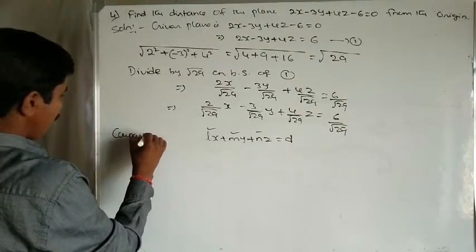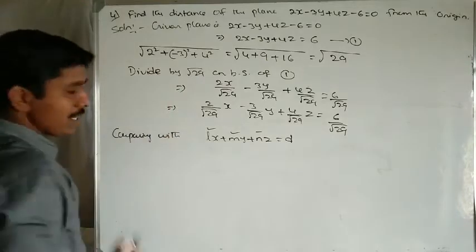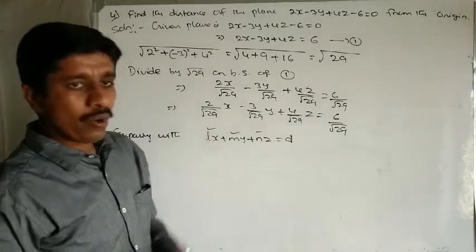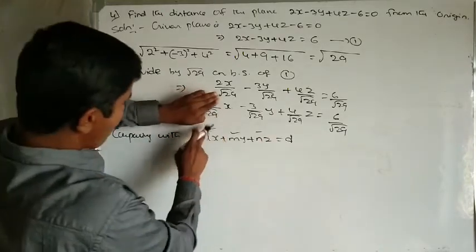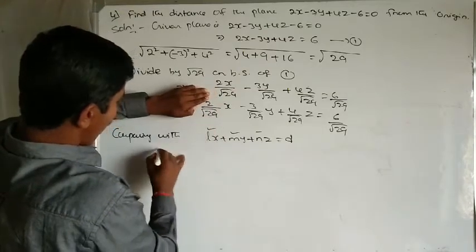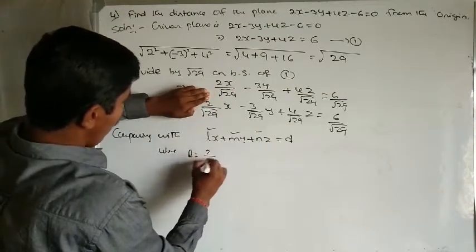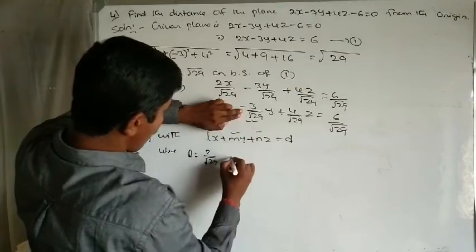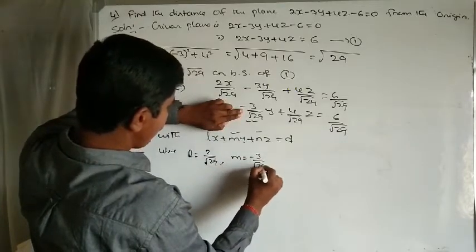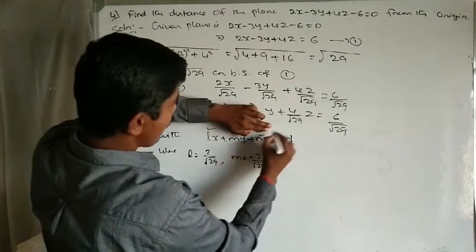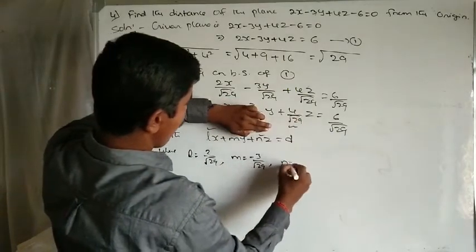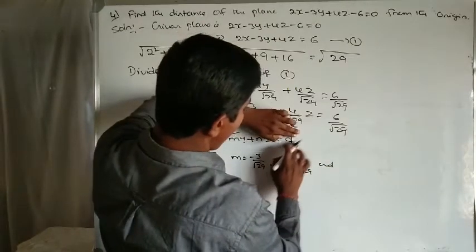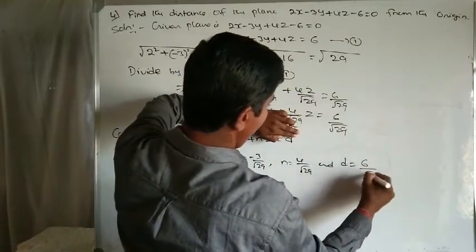Comparing with the Cartesian equation Lx plus My plus Nz is equal to d, the x coefficient L is equal to 2 by root 29, the y coefficient M is equal to minus 3 by root 29, the z coefficient N is equal to 4 by root 29, and the right side value d is equal to 6 by root 29.